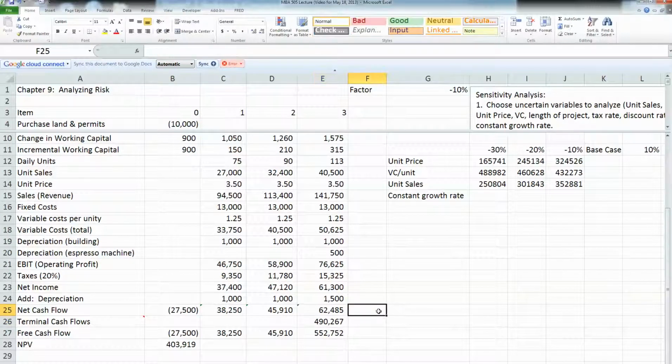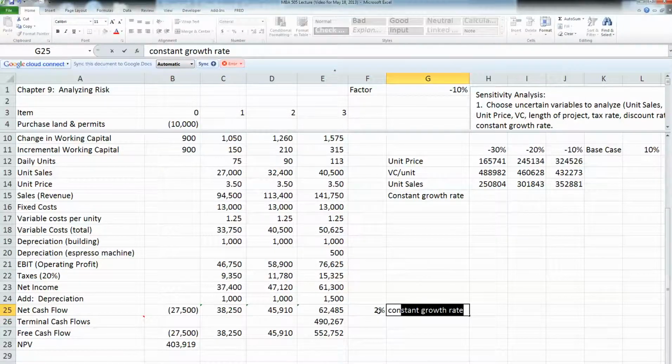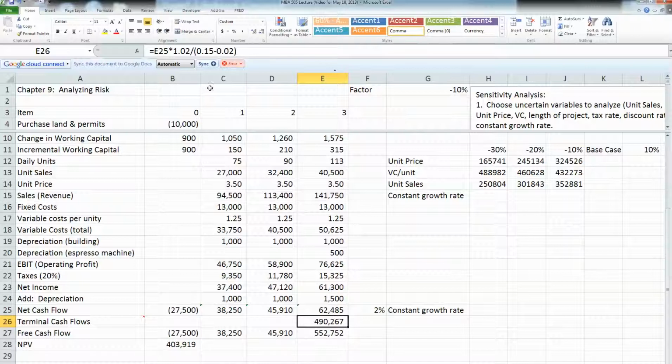And I'm just going to do that right here. And so I'm going to replace the 0.02 with a link to this cell, but I have to put plus F25, and I will replace the 0.02 here as well.